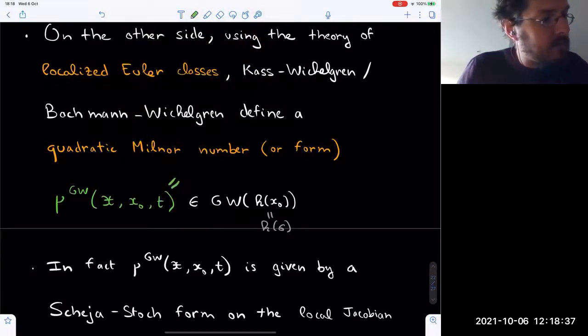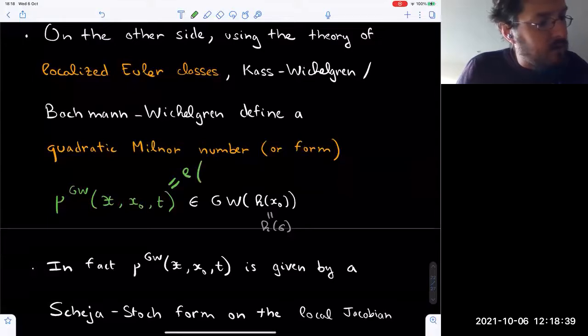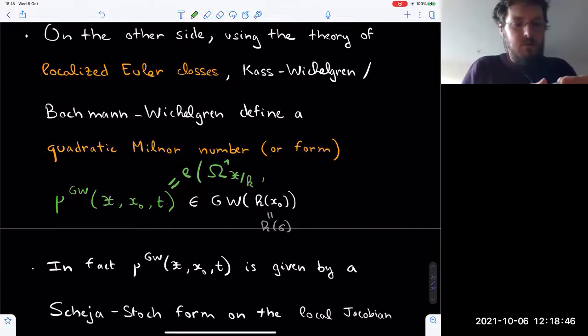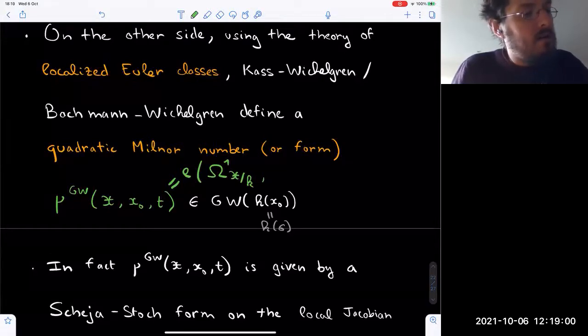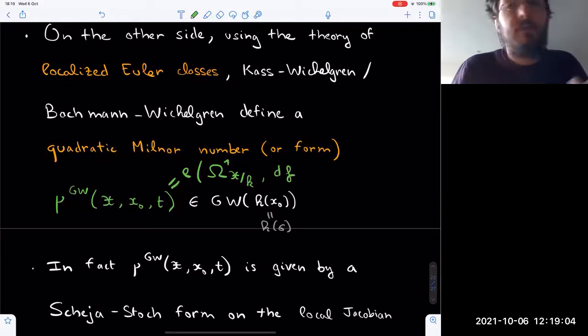Roughly speaking, you take the Euler class of the Omega 1 of X over k. Now, because you're in the equal characteristic situation, you can basically think of the total space as something over k. And then in this you have a section in this context which is just df.